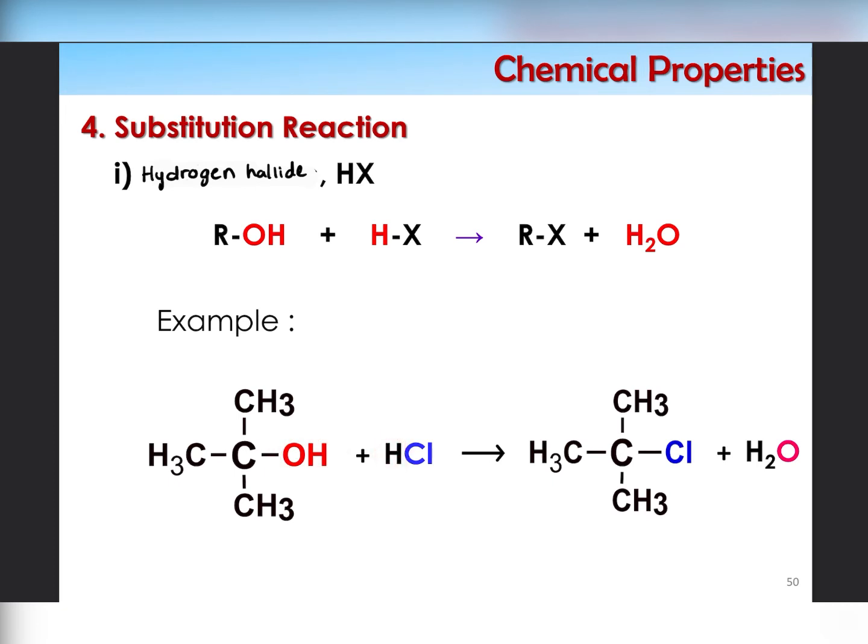Okay, so this part of your OH akan digantikan later dengan Cl. So you will get Cl substitute at the position of OH just now, and OH akan leave to form water molecule.